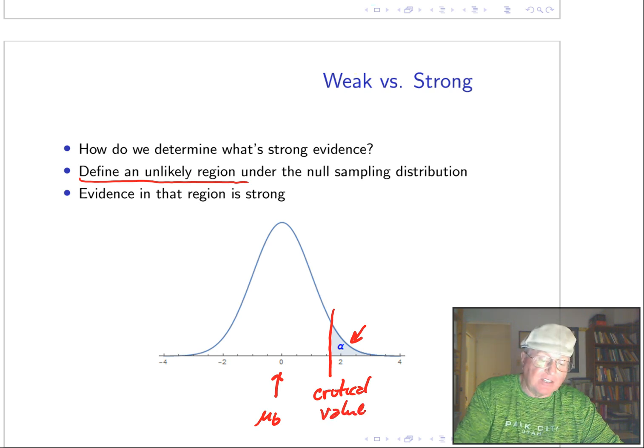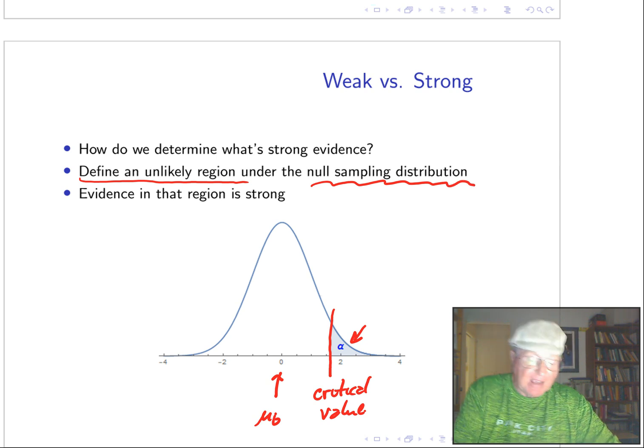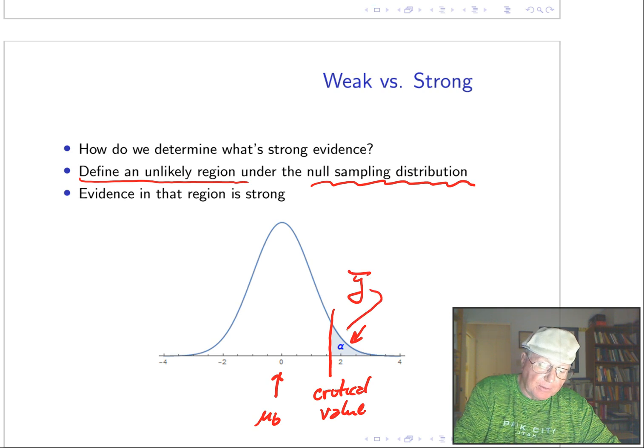And we can calculate that using the null sampling distribution. And then if evidence falls in this region, we'll reject the null hypothesis.